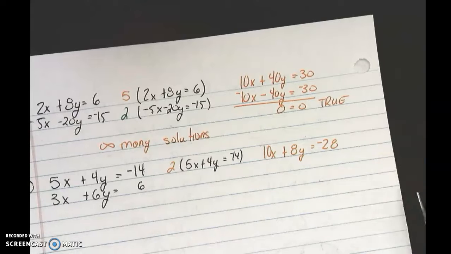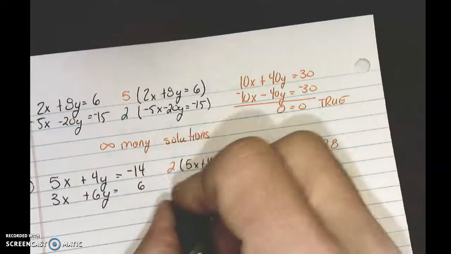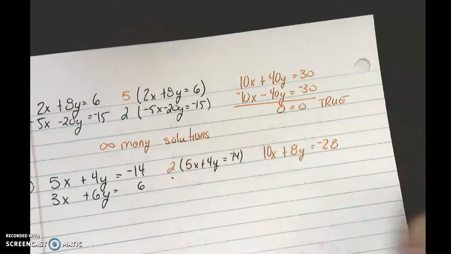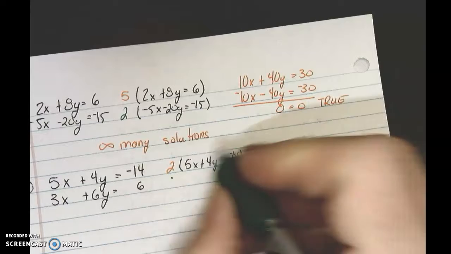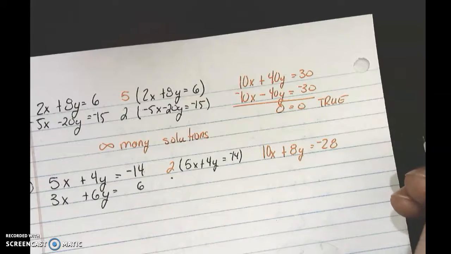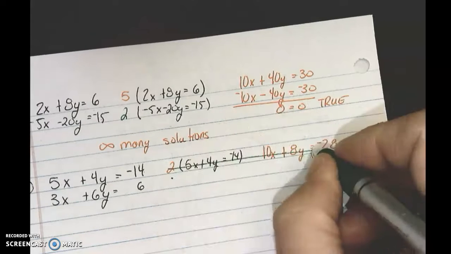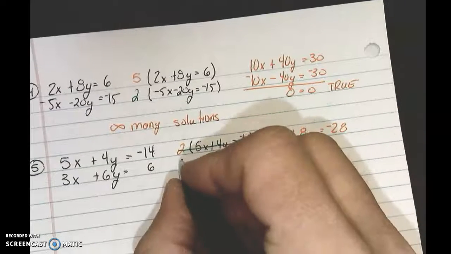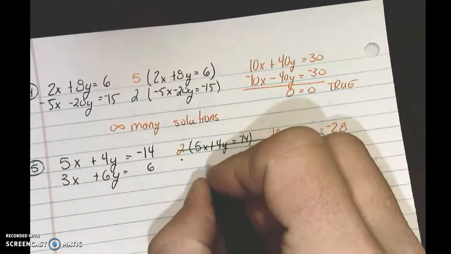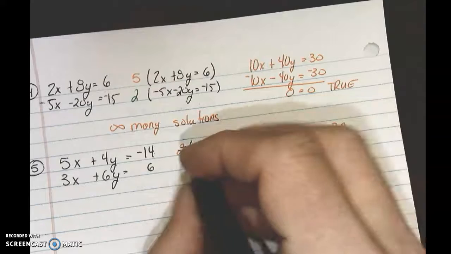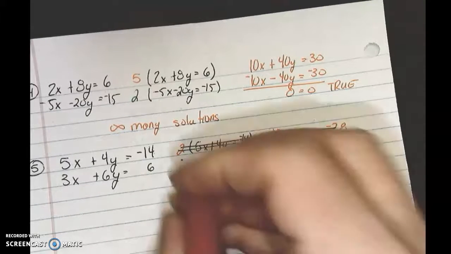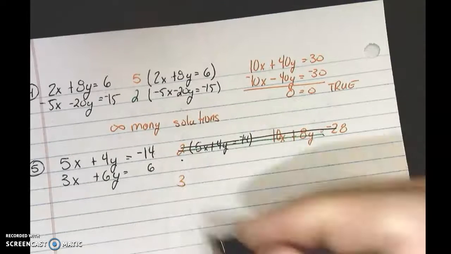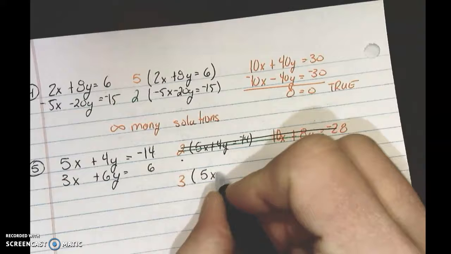And then I'm going to take the bottom one. Sorry guys, I made a mistake. I was thinking too much like that. We're going to start right over. So we're going to multiply that top one by 3. Let's get the right factors.